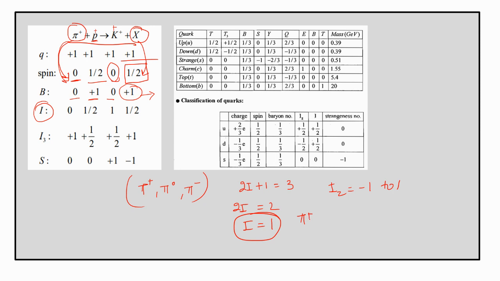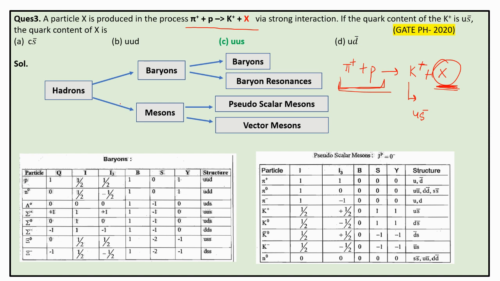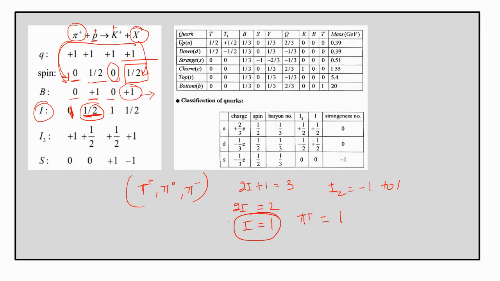So for pi positive, the I value will be 1. Here it is written wrong, it is 1. And for proton it is 1 by 2, and for kaon it will be 1 by 2, because kaon has two particles, K positive and K zero, so they will give I equal to 1 by 2.